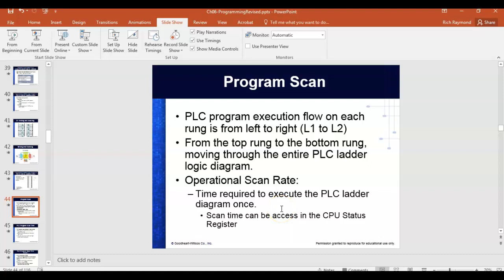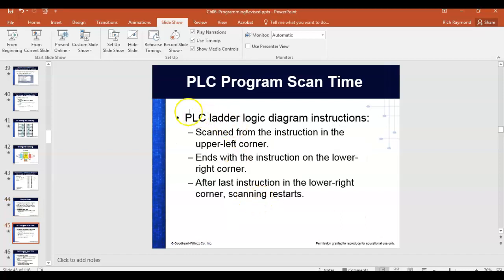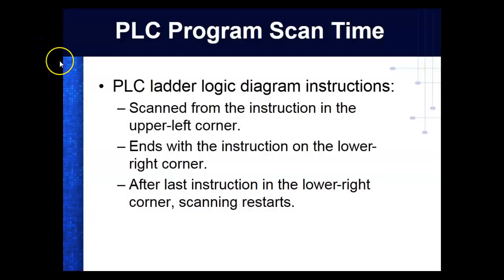So everybody okay on scan time? Does that make sense? That's the time it takes for the PLC to run through the program. How many times? Once, right? But it's looping, for every loop, I guess you'd say. PLC ladder diagram instructions scan from the upper left-hand corner, read inputs, run logic, and update outputs.